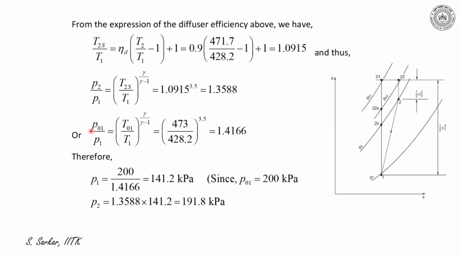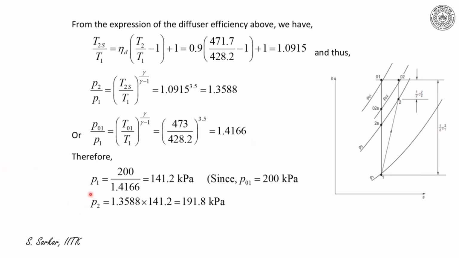Similarly, P01 by P1 is equal to T01 by T1 to the power gamma by gamma minus 1. Now T01 I know as 473 and T1 as 428.2. Thus P01 by P1 is equal to 473 divided by 428.2 to the power 3.5. That would be equal to 1.4166.